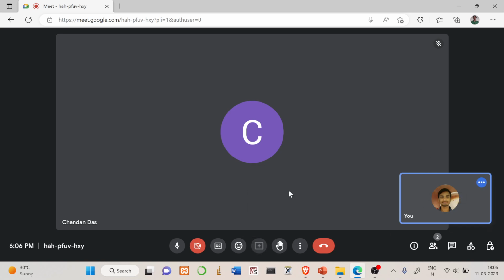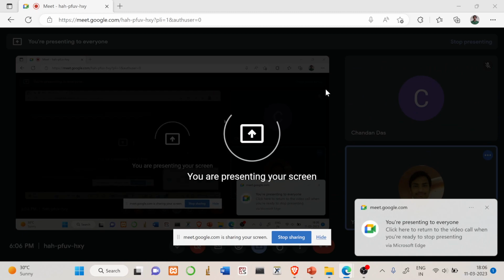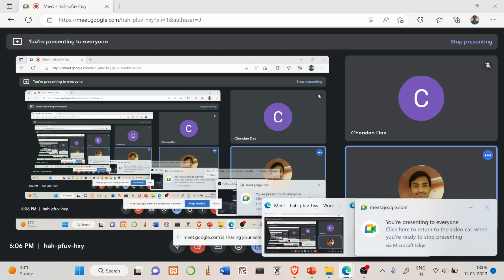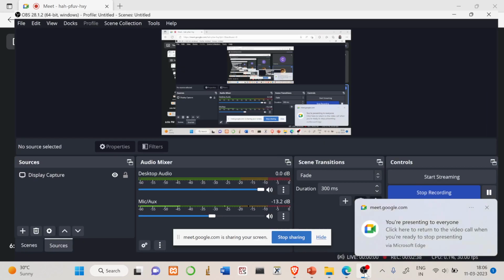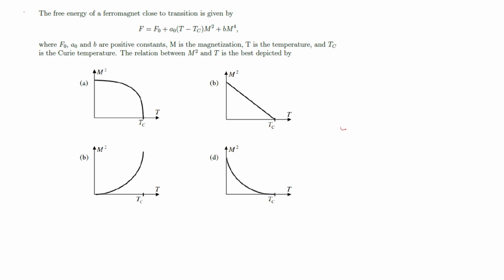You are able to see the screen? Yeah. So what the first question says is the free energy of a ferromagnet close to the transition is given by this formula, and here F naught, A naught and B are constants, and we have to find the relation between m square versus T. So we have to find where the energy gets minimized.